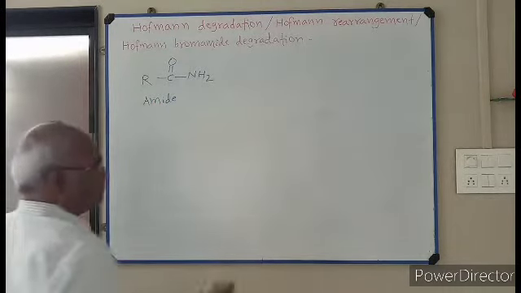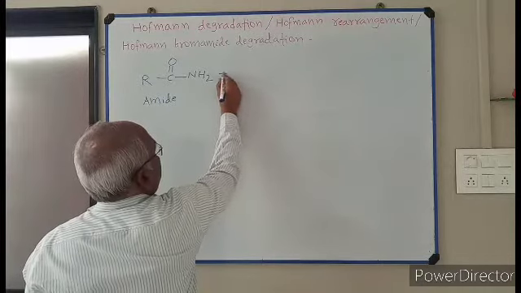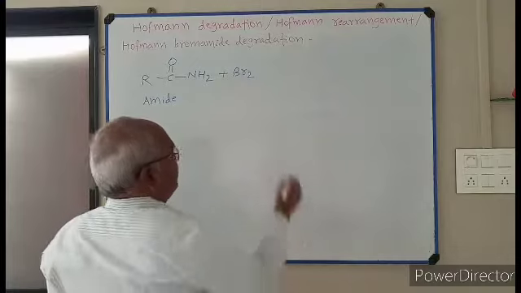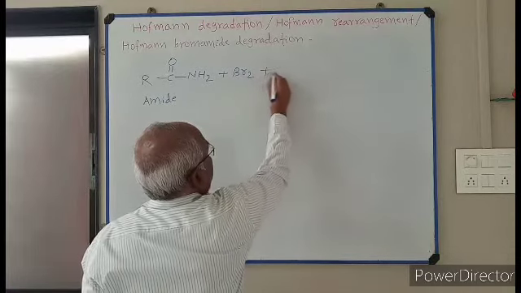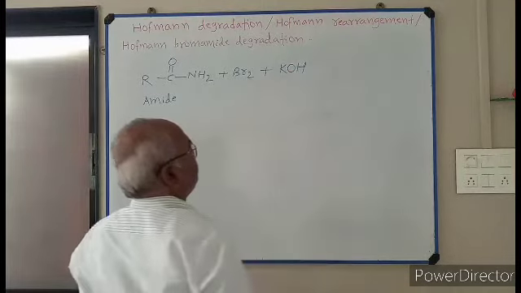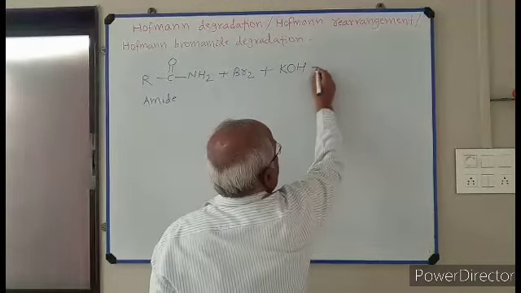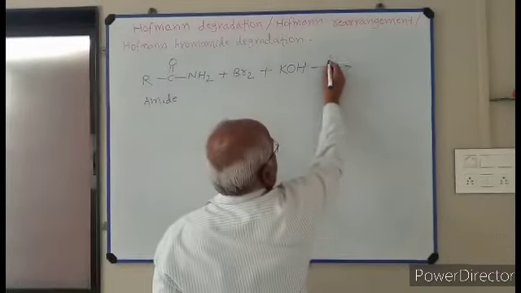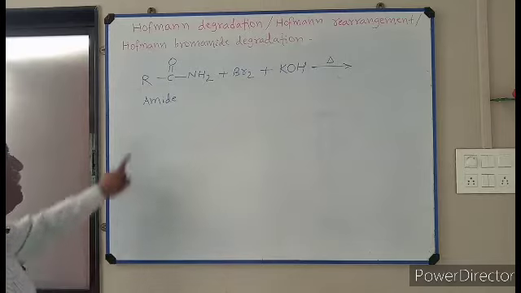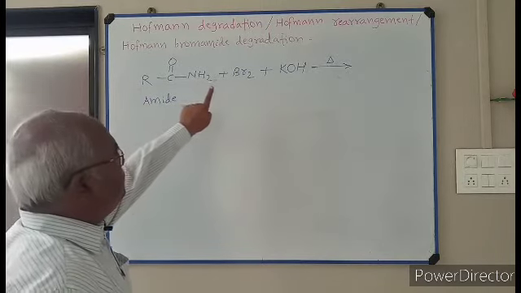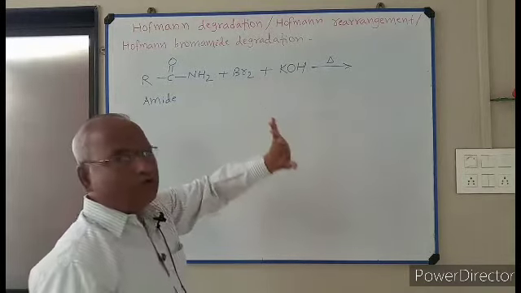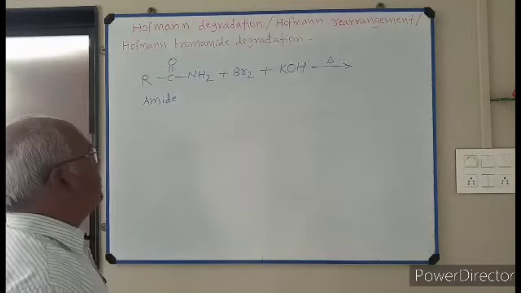This amide is heated with bromine, Br2, in presence of aqueous or alcoholic KOH. The reaction mixture is heated. Heating is represented by delta sign.